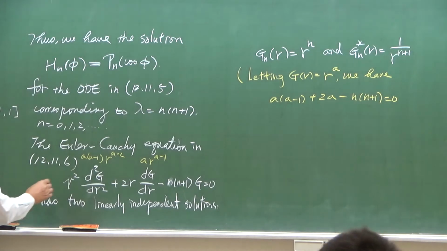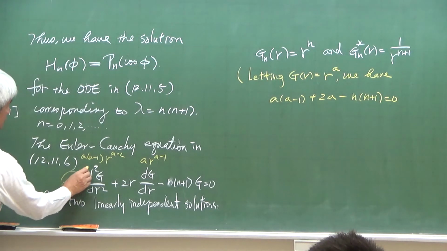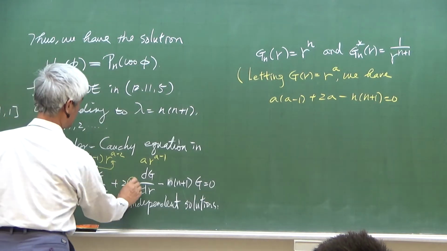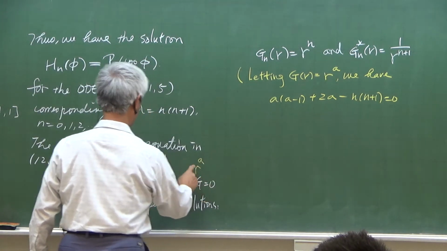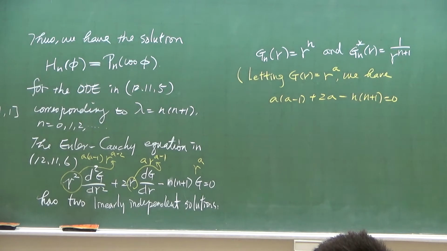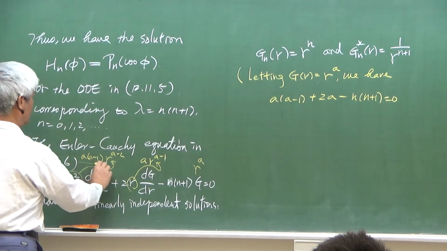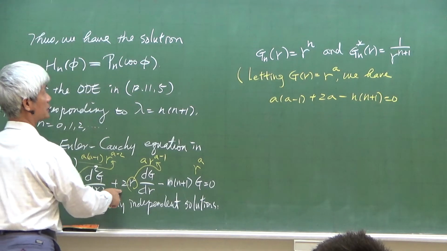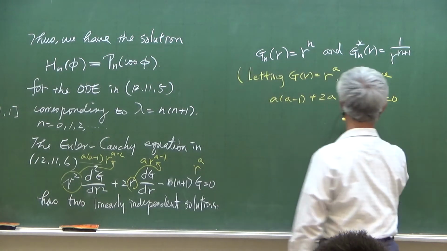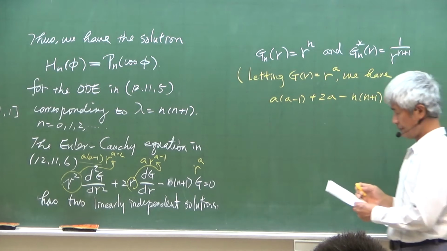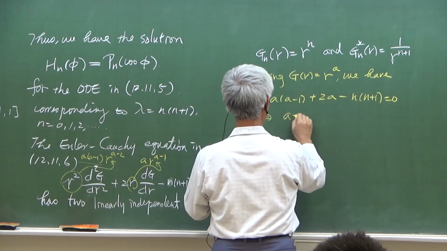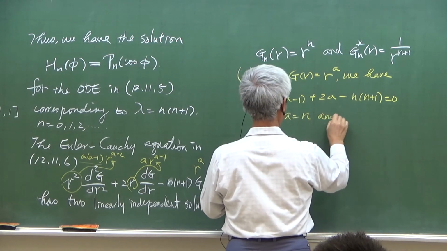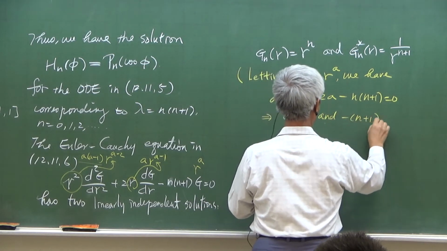So when you multiply out, this one is equal to r to the a, so you cancel r to the a power. And then you have a times a minus 1 plus 2a minus this one. And so you have a root n and a root minus n plus 1.